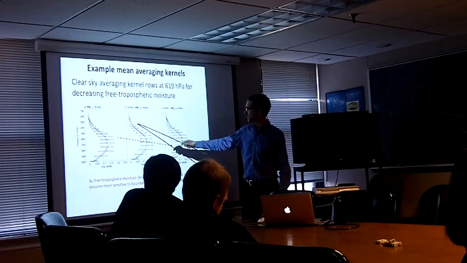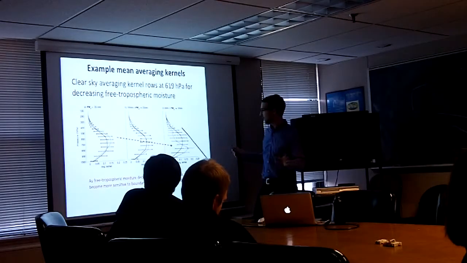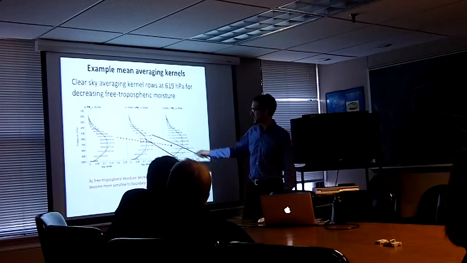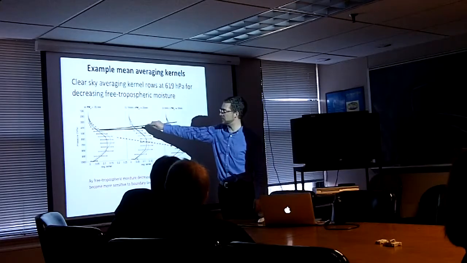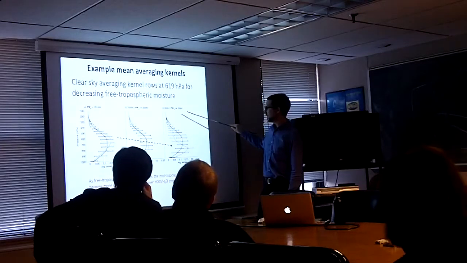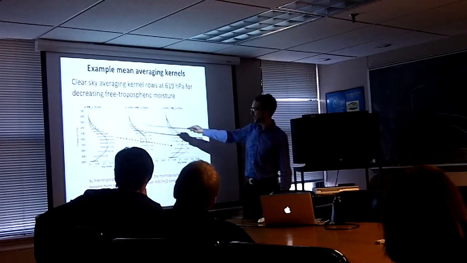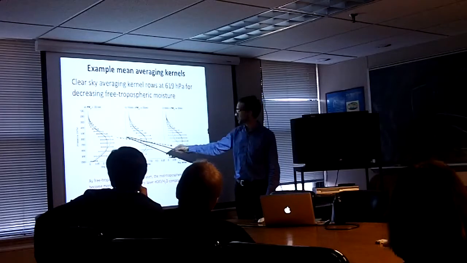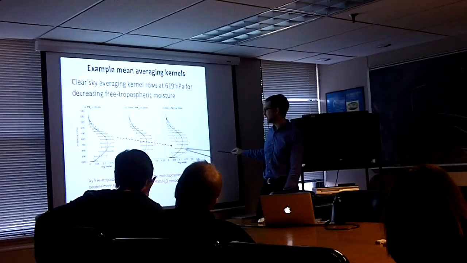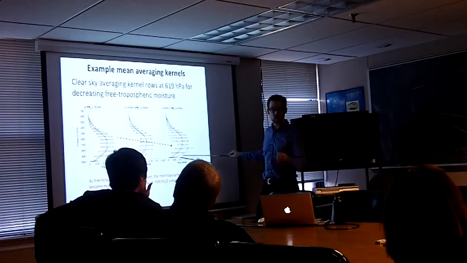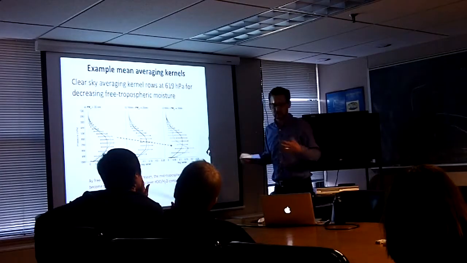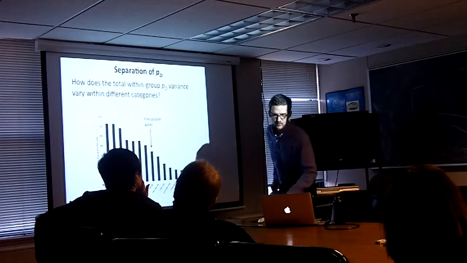The black profile shows the overall mean for reference, with 1 sigma error bars around it, and the gray profile shows that averaging kernel row for those decreasing free tropospheric moisture amounts. So as there's less moisture higher up, the retrieval becomes more sensitive to the isotopic composition closer to the surface. That's the kind of separation that we're trying to make.